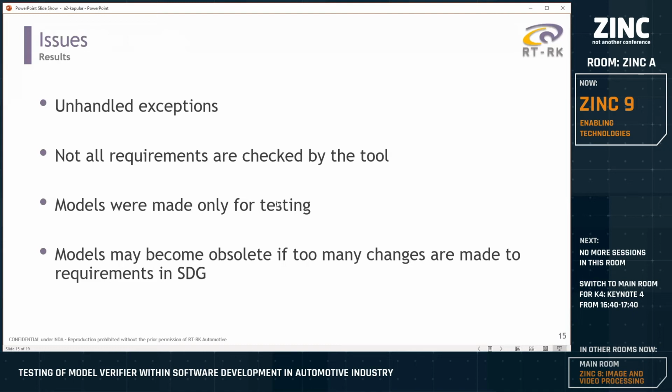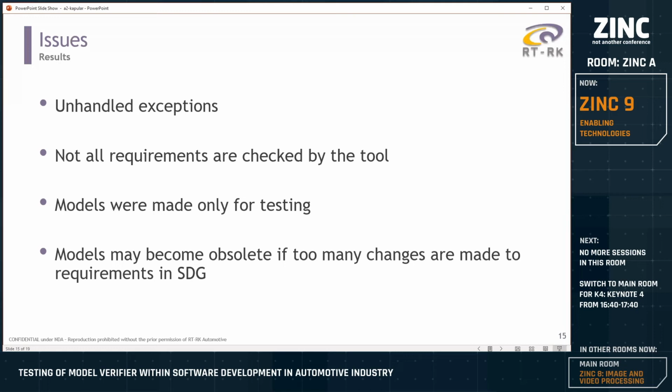The models we created were also only for testing the tool itself. This means they are not very good at presenting the tool's performance in the context it's meant to be used, which is on finished large AUTOSAR models that represent entire systems.